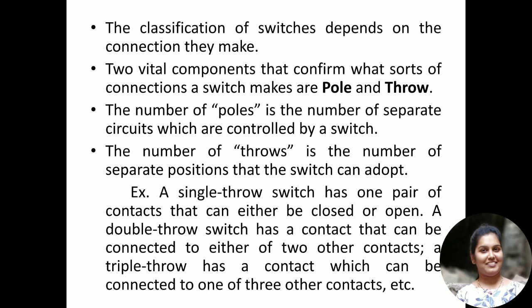So there we see more than one throw. If we take two throws, then it is called a double throw switch. A triple throw has contact which can be connected to one of three other contacts. So depending on the number of throws, the number of separate positions that a switch can adopt will increase, and different load variations can also be connected.